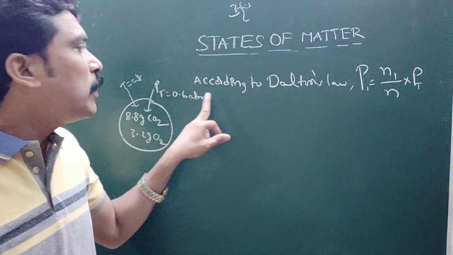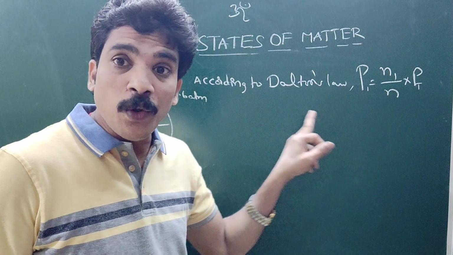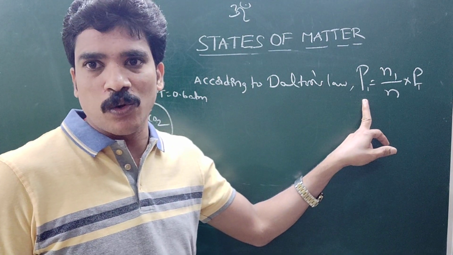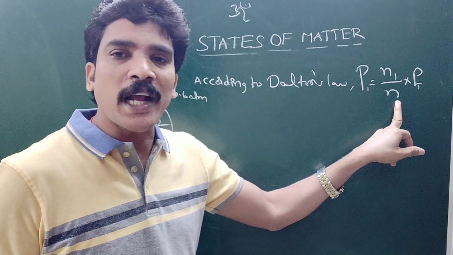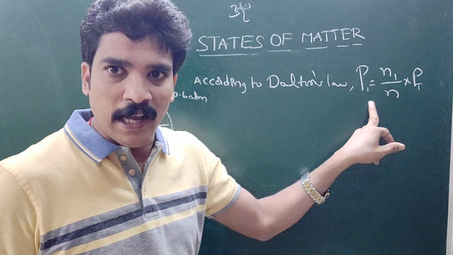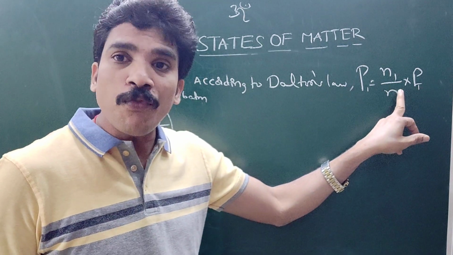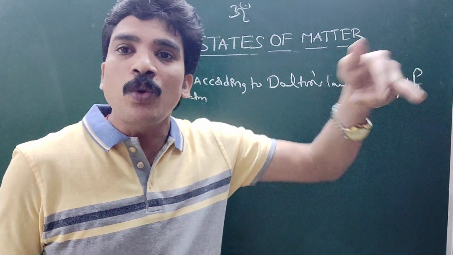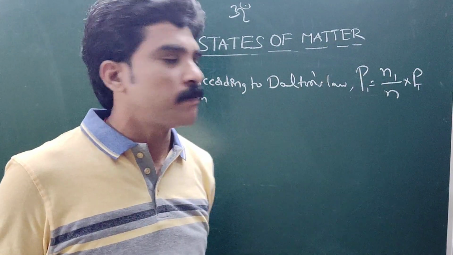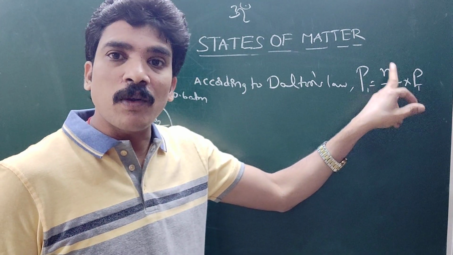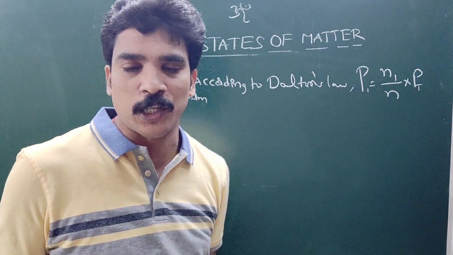According to Dalton's law, the partial pressure of the gas is equal to mole fraction into total pressure. Mole fraction means moles of that gas by total moles, into total pressure.